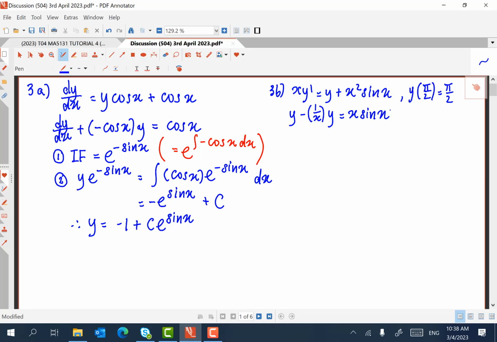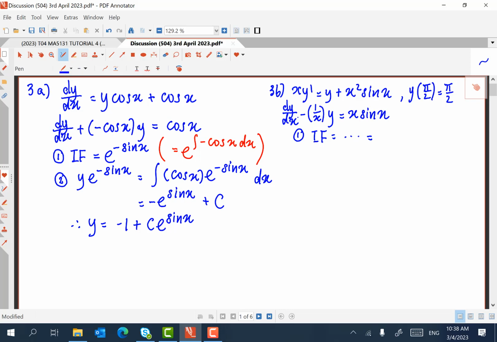And then Euler, what's the next thing I'll do? The IF. You didn't see it as too fine. Okay, maybe let me just write dy/dx. Easier. dy/dx. Thank you.